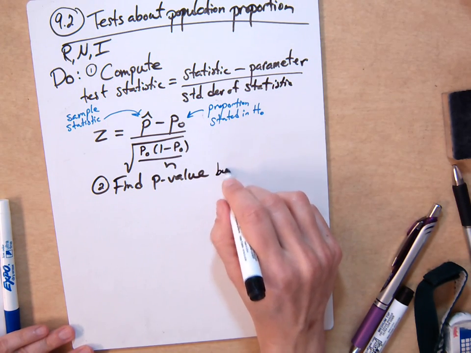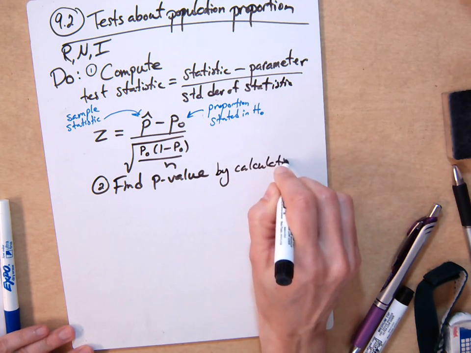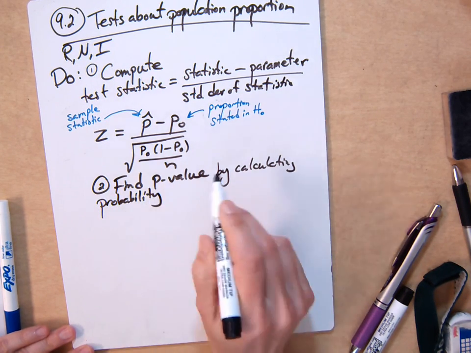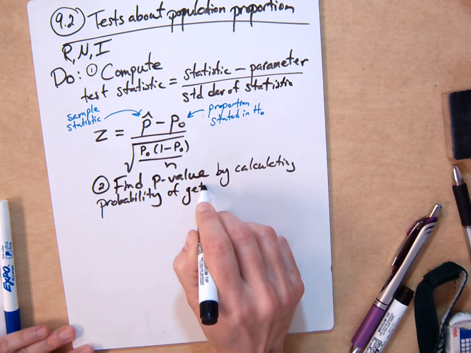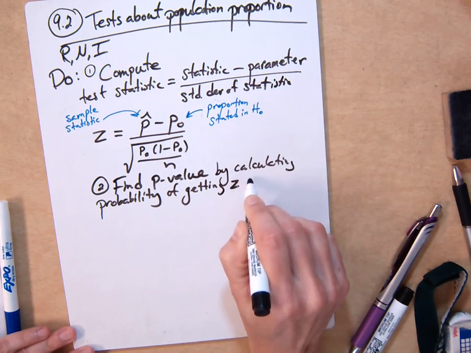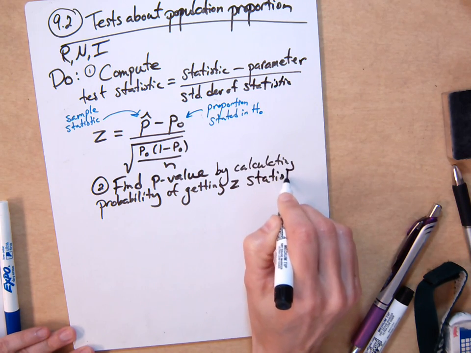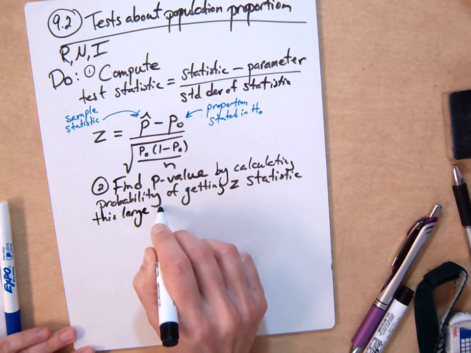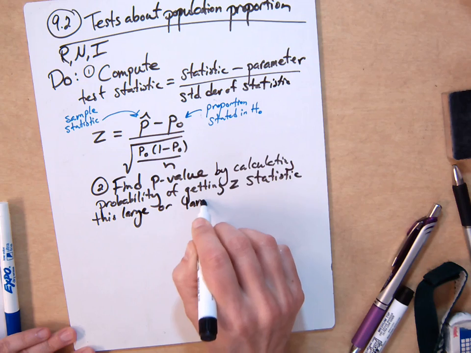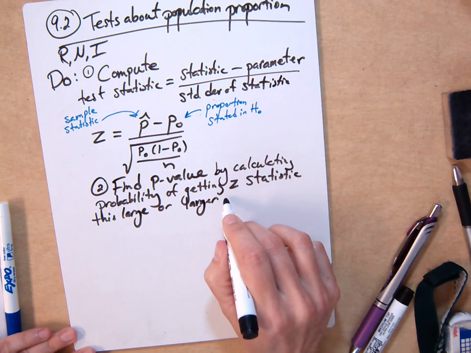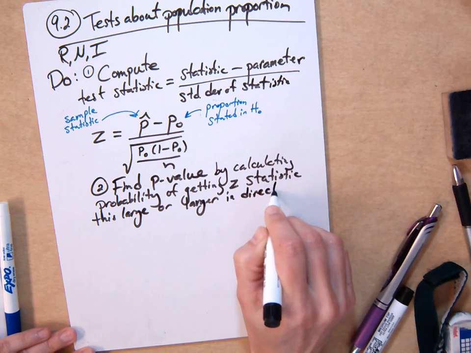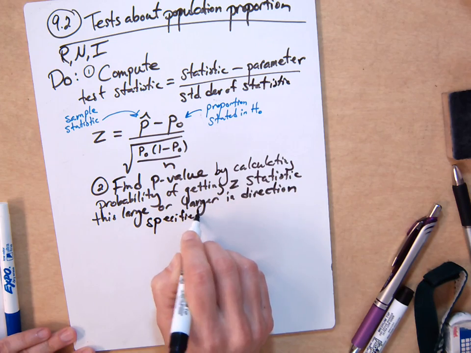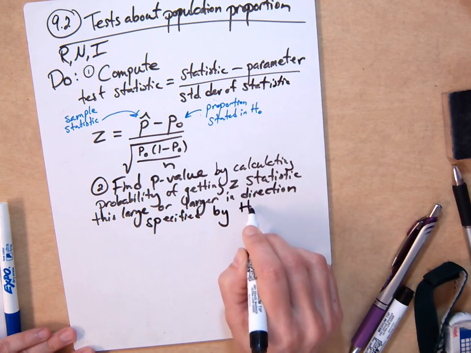Find the p-value by calculating the probability of getting that Z statistic this large or larger, in the direction, it doesn't mean it can't be less than, but it's in whatever direction specified by H sub A, what you want to prove.